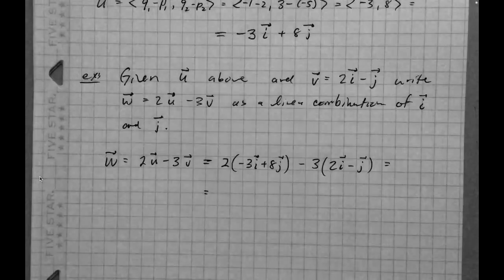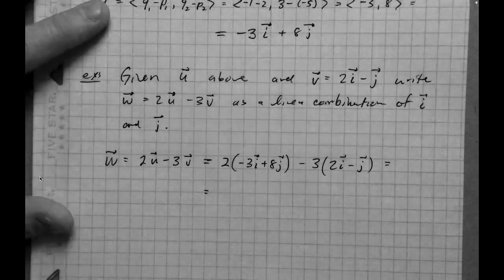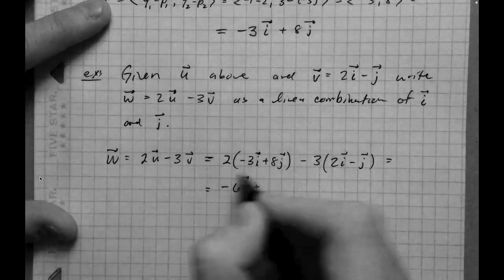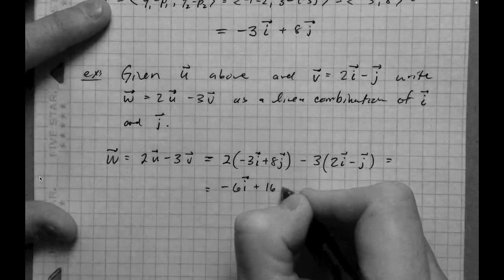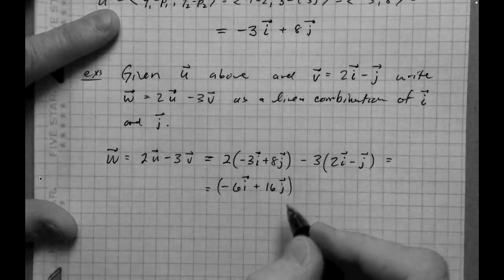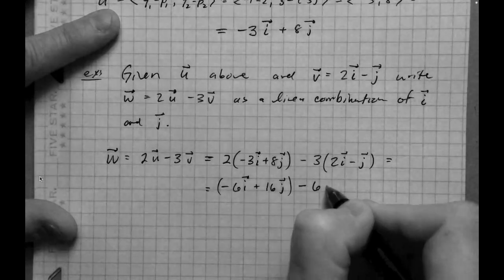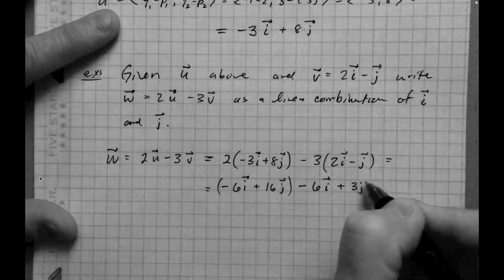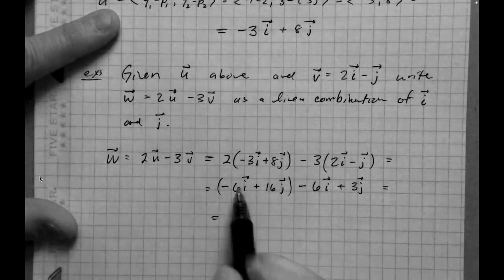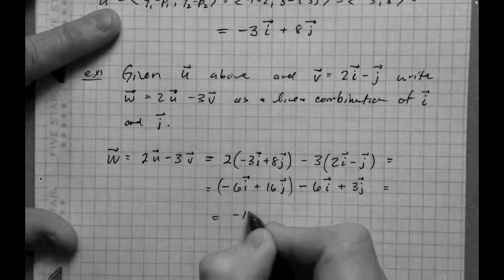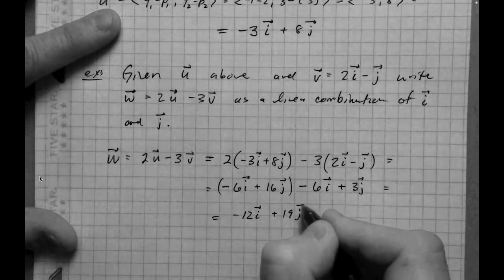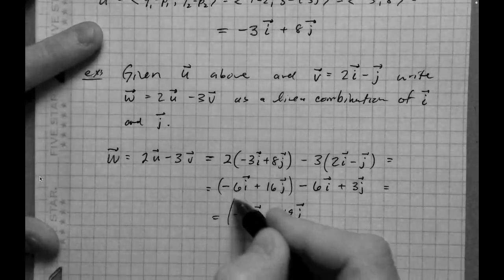You can just multiply through, so you get -6i plus 16j, that's this piece. And then it's -6i plus 3j. We add the i's and we add the j's. We get -6i minus 6i, so we have -12i. And then 16j plus 3j, 19j. And so there you go.